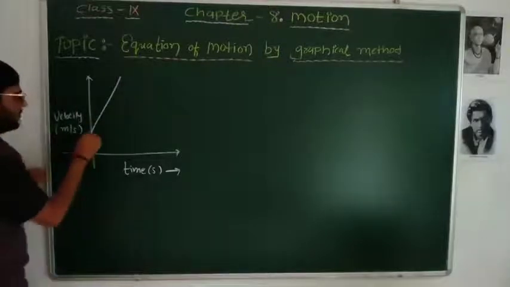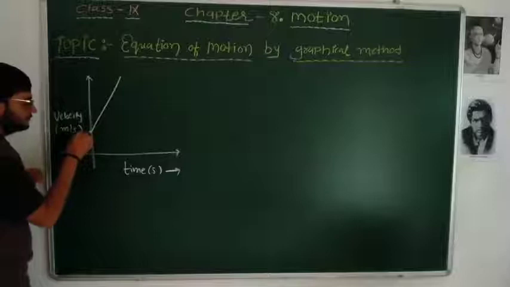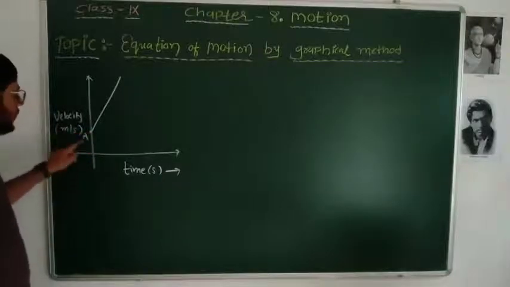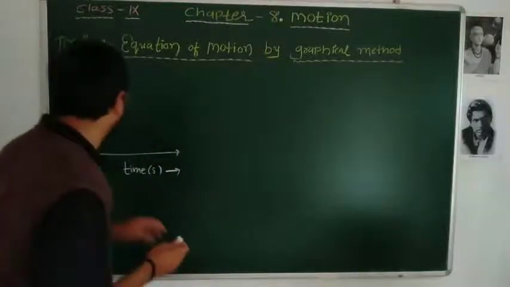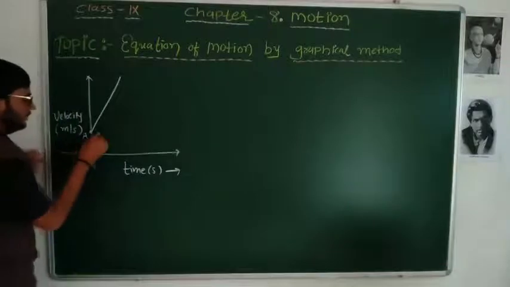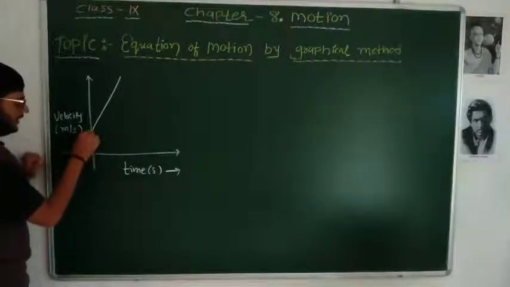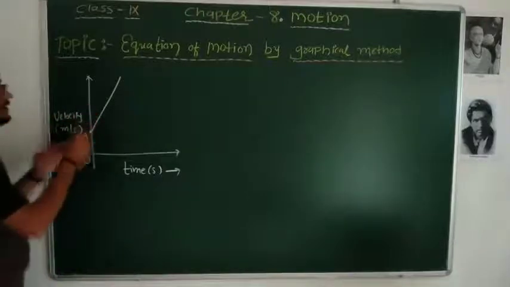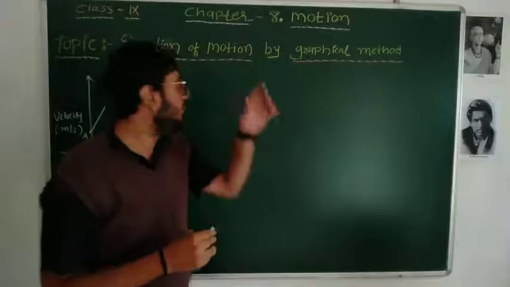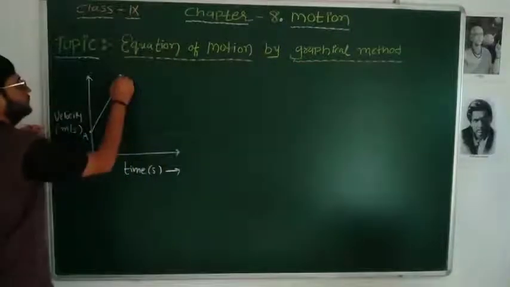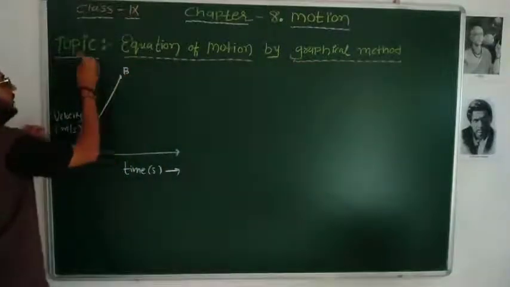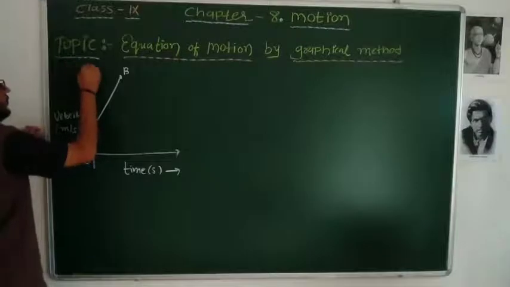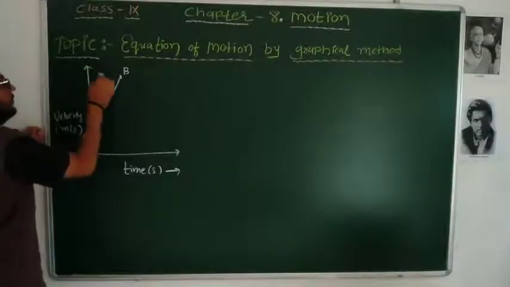At point A the initial velocity of the object is U. It increases, and at point B the velocity is V.